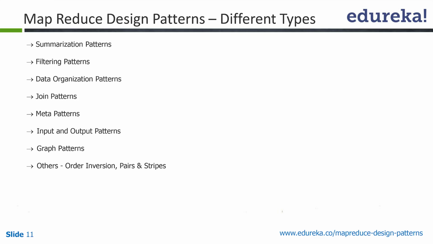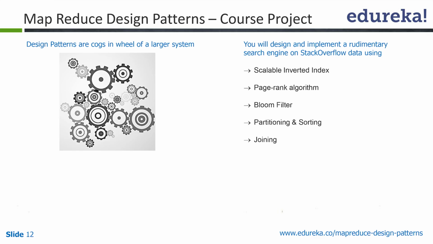Then we have the input and output patterns. These help with some of the tasks that you do with MapReduce. Graph patterns are interesting from the point of view that graph algorithms are not very well suited for implementation on MapReduce, but these patterns will help you resolve some of those problems.